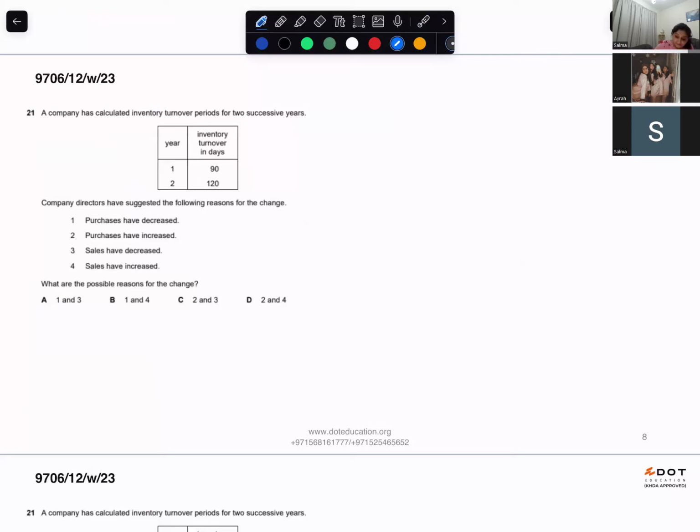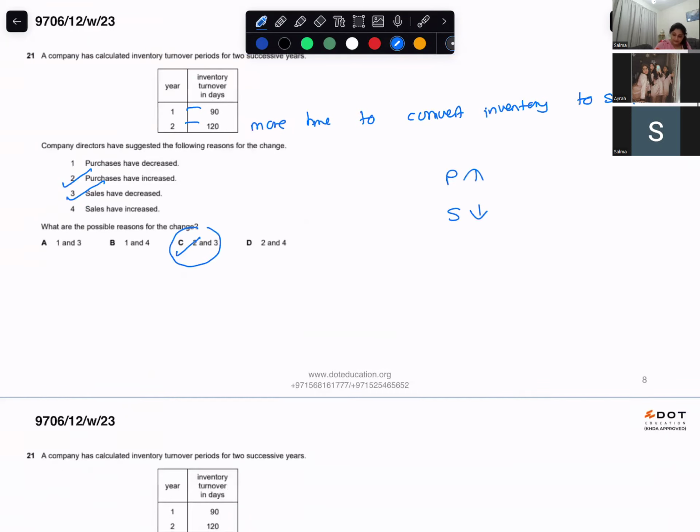That means now it is taking me more time to sell it, more time to convert inventory to sales. So when will I take more time to convert inventory to sales? Either I'm purchasing more or I am selling less. So purchases have increased or sales have decreased. So it'll be E. Option 2 and 3.